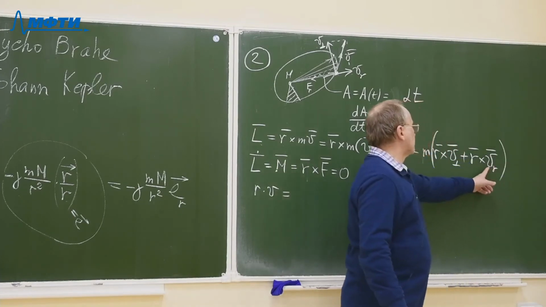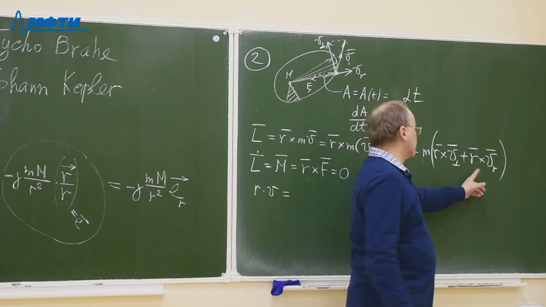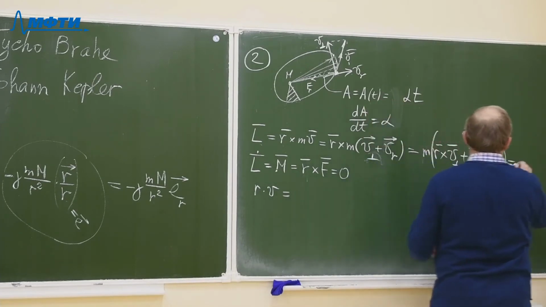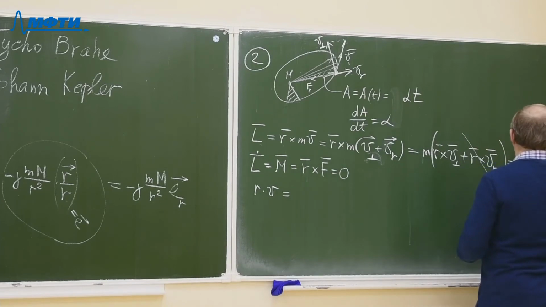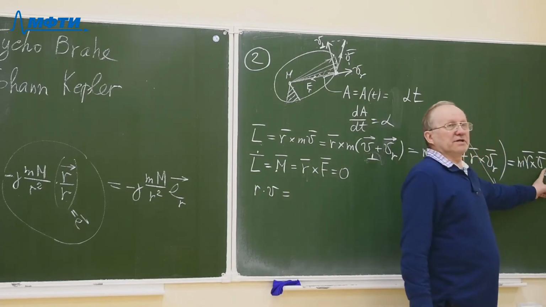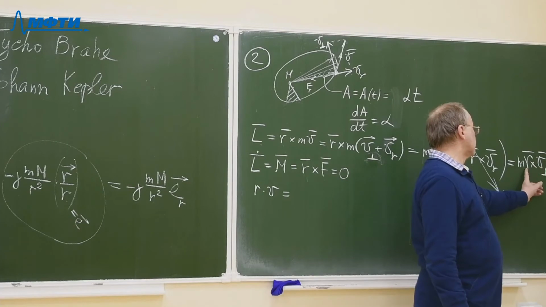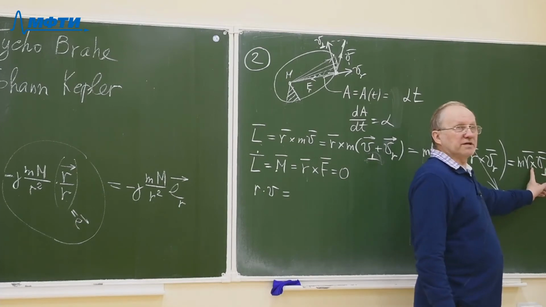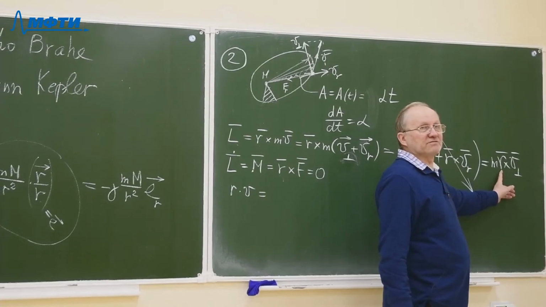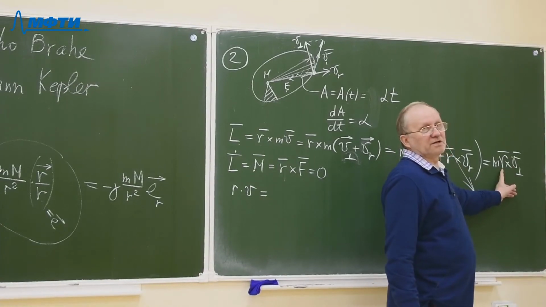The radial component of velocity is parallel to the radius, so this term will give us 0. And finally, we will have m r times v perpendicular. What is the angle between the radius vector and the perpendicular component of velocity? These two vectors are perpendicular. It means that the angle between them is 90 degrees, so the sine of this angle will be unity.